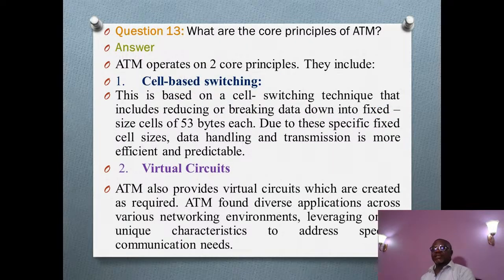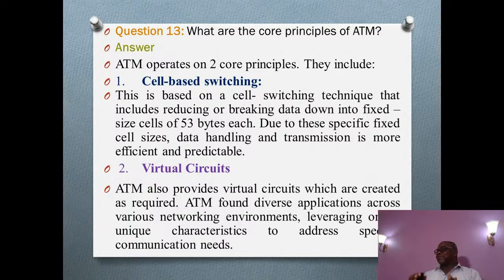So, question 13, what are the core principles of ATM? ATM operates on two core principles. One, cell-based switching. This is based on a cell switching technique that includes breaking data down into fixed-size cells of 53 bytes each. You know what a byte is? A group of 8 bits is called a byte.